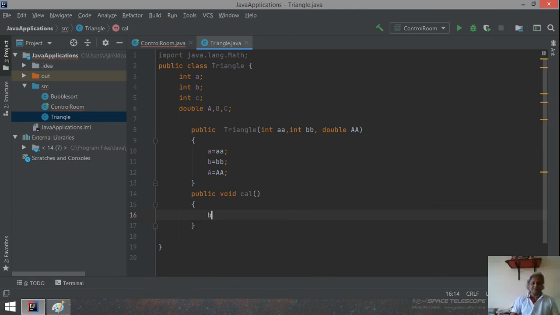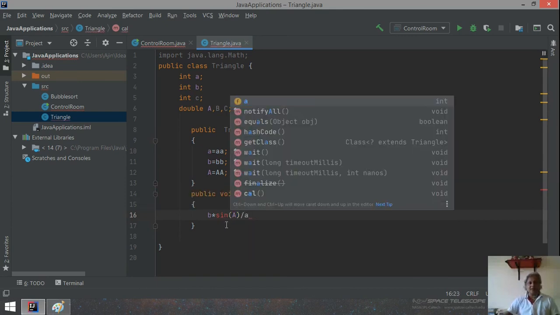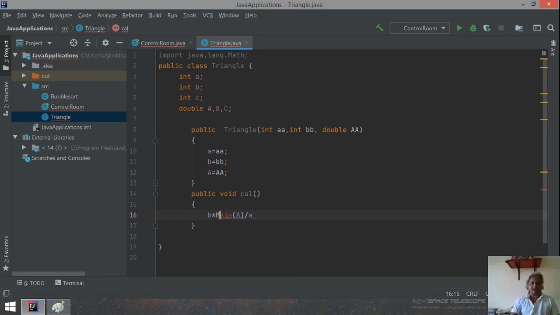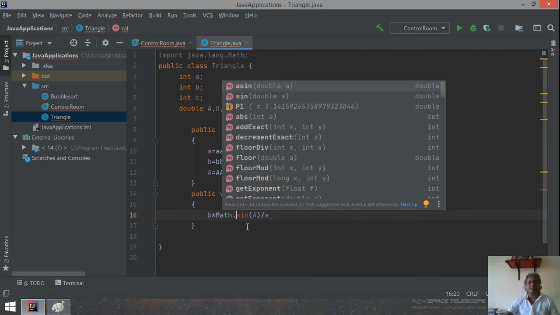So b into sine A upon a. Now this is math.sin, and I told you that this one takes a double value.